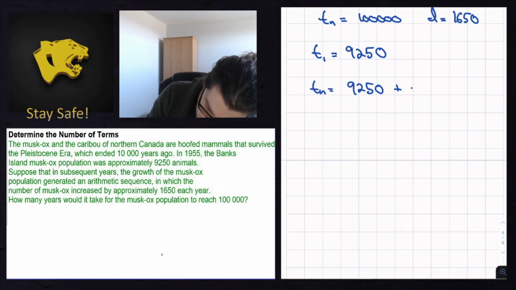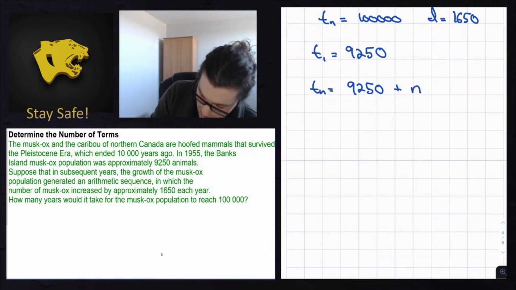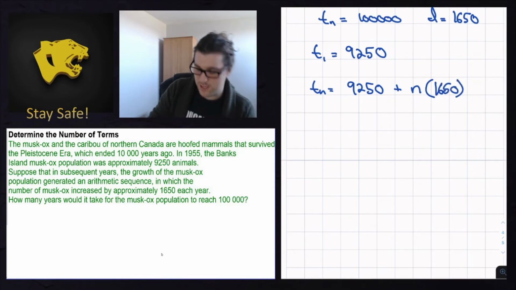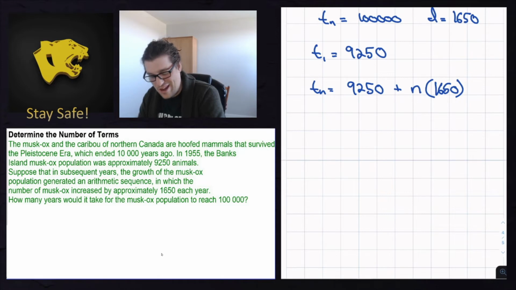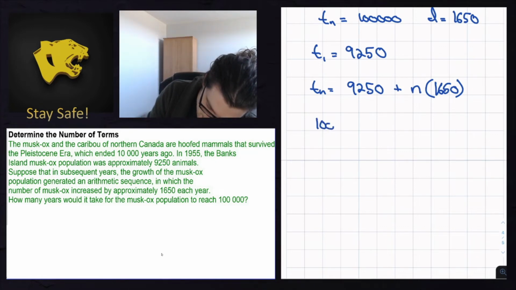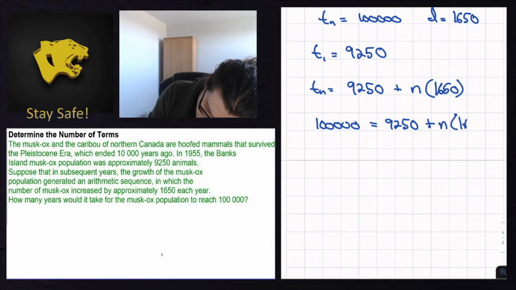So the number of common differences is going to be, I'm just going to call it n, and each of those common differences is 1650. So if 1 year has passed, then it would be a 1n. If 0 years have passed, we're just stuck in 1955, and it's 9250. So we would get 100,000 animals. That's our Tn. It's equal to 9250 plus n times 1650.